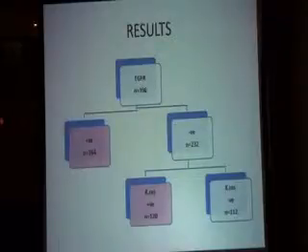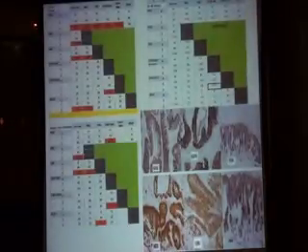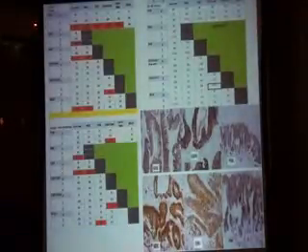So our results were that out of the 396 patients who were tested for EGFR, 164 were positive and 232 were negative. We assessed KRAS in EGFR-negative patients because this means something related to treatment, and we found that 120 were positive, 112 were negative.